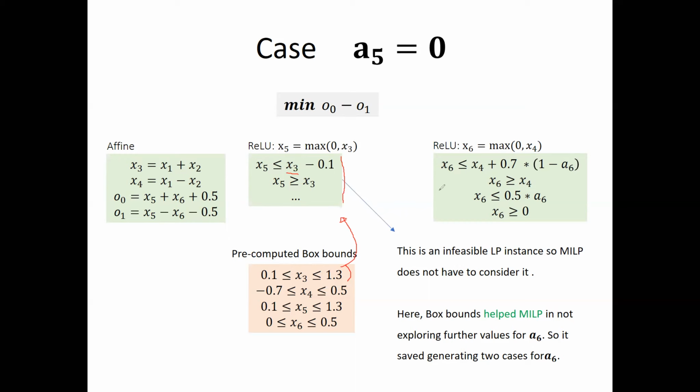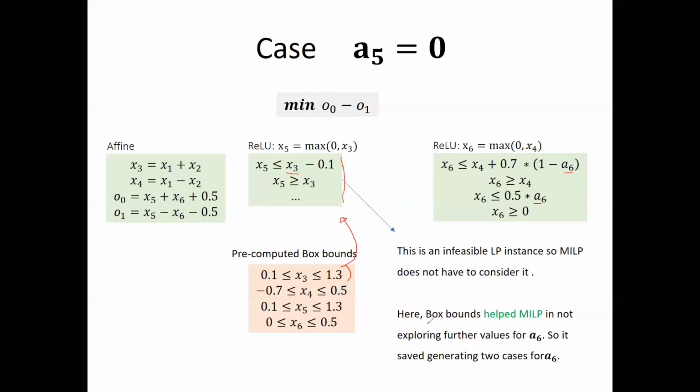Here we haven't expanded the A6 yet. The A6 is staying the same. We're just looking at A5 in the case where A5 is equal to 0. So this branch of A5 equal to 0, we don't have to consider it.